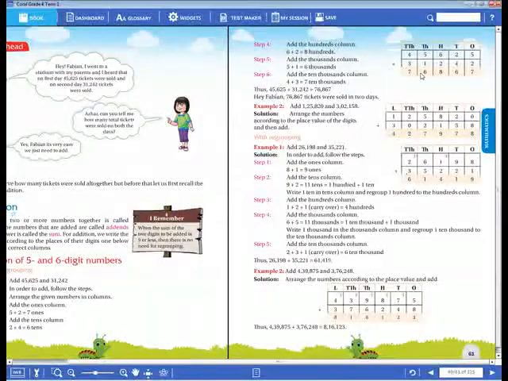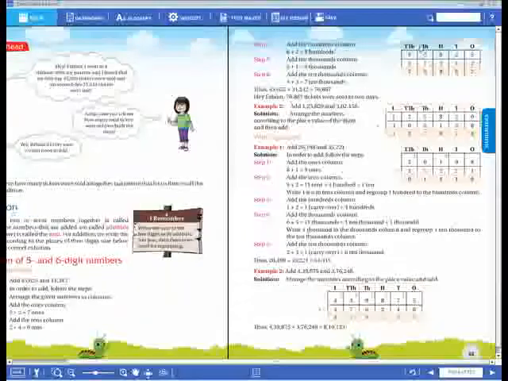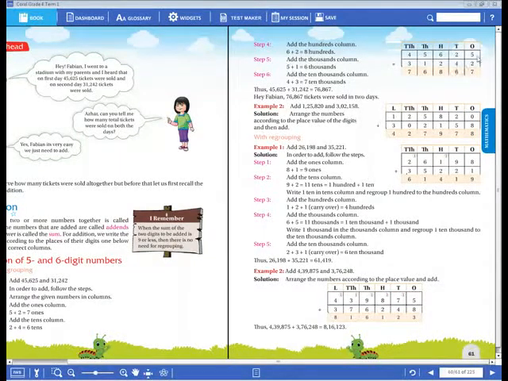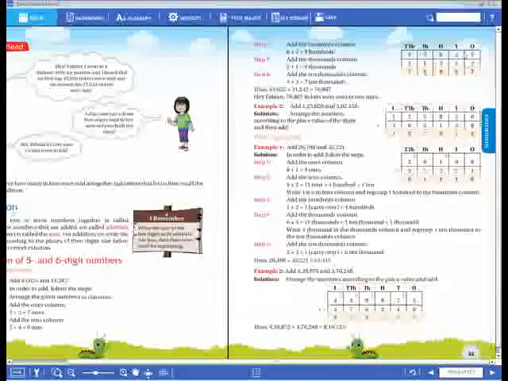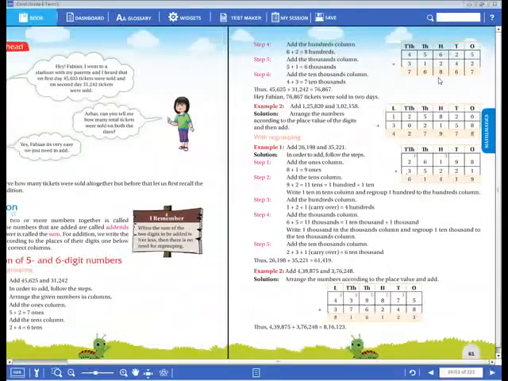Okay, dear children, look at the screen, everybody see. Here a 5-digit number is given to you: 52246 and 25 1343. We have to start the addition from the ones place. 5 plus 2 is 7, 2 plus 4 is 6, 6 plus 2 is 8, 5 plus 1 is 6, 4 plus 3 is 7. You don't have to get confused if they are given 5-digit numbers.